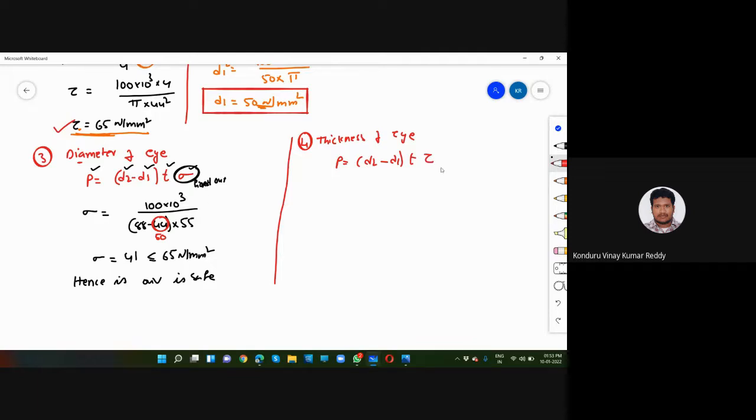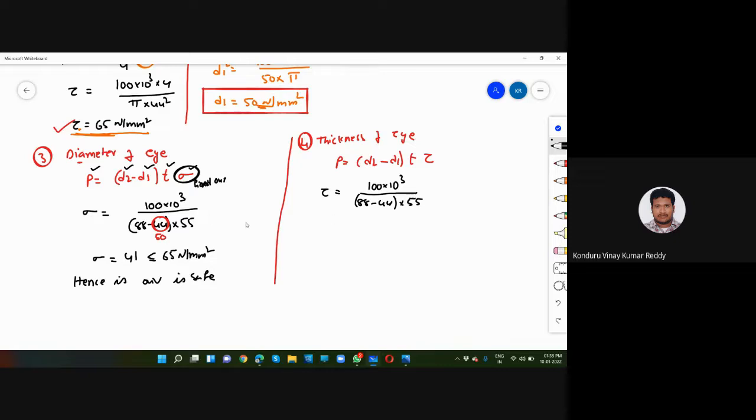Instead of a normal stress, here we will be finding shear stress. Thereby shear stress is equal to 100 into 10 to the power of 3 by p value. P value is, sorry, d2 is 88 minus 44 into t value. T value is nothing but 55.